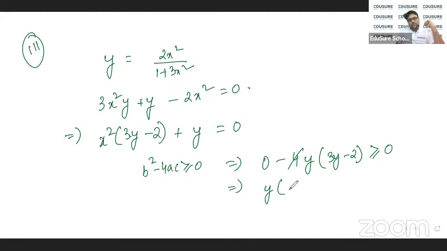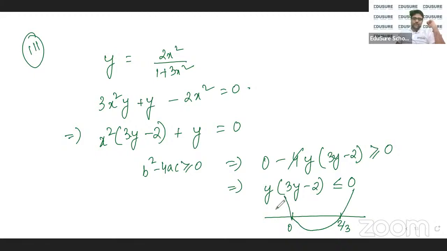Y into 3y minus 2 less than or equal to 0. Negative number, I make it positive and hence I invert the inequality. 0 to 2 by 3. Y will be negative in between the two and positive in the other two ways: positive, negative, positive. Therefore, y has to lie between 0 to 2 by 3.